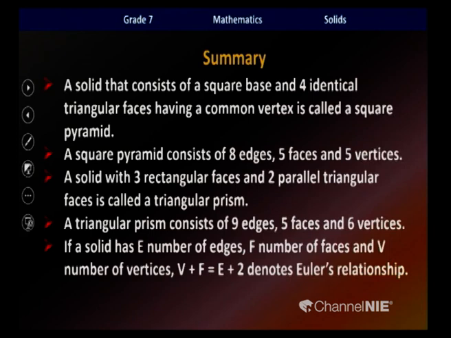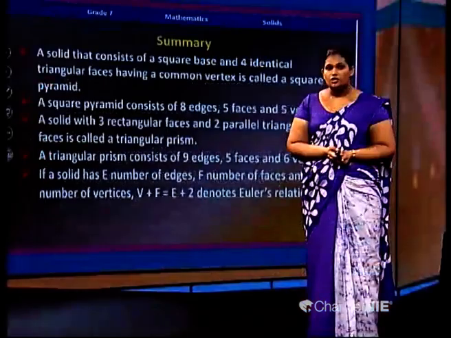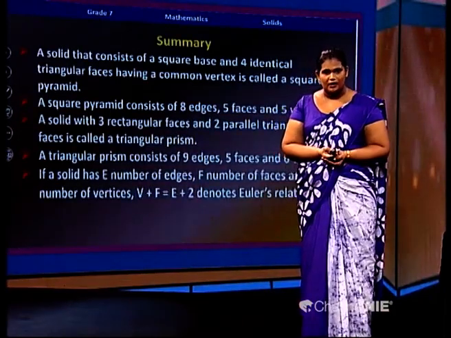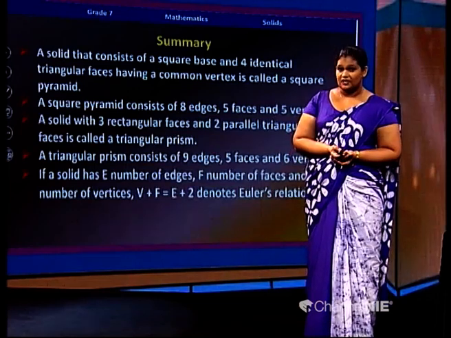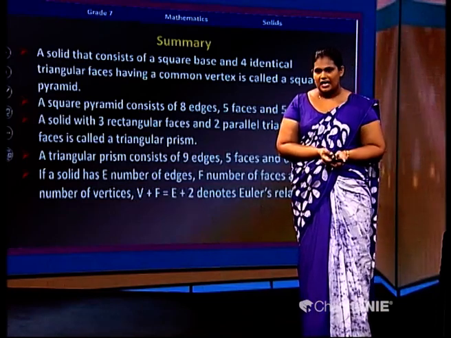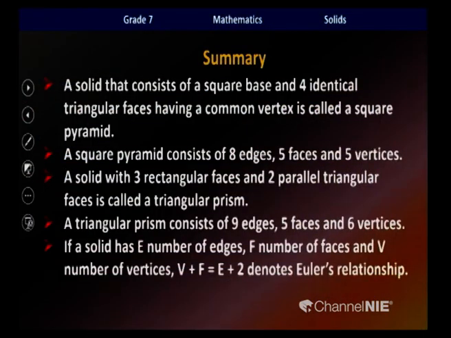Then you have learnt that a square pyramid consists of 8 edges, 5 faces and 5 vertices. Then you have learnt a solid with 3 rectangular faces and 2 parallel triangular faces is called a triangular prism. After that, you have learnt a triangular prism consists of 9 edges, 5 faces and 6 vertices.